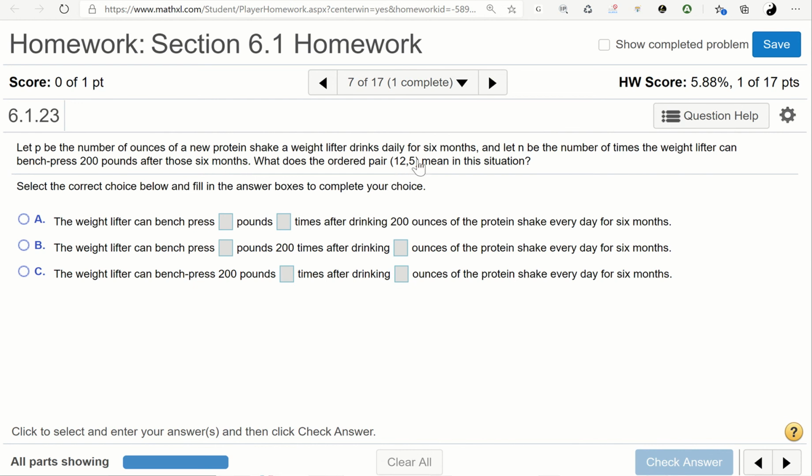So in other words, the ordered pairs of interest are going to have the form P, comma, N, right? So that means when you're looking at the ordered pair 12, 5, the 12 refers to P, and the 5 refers to N, right?